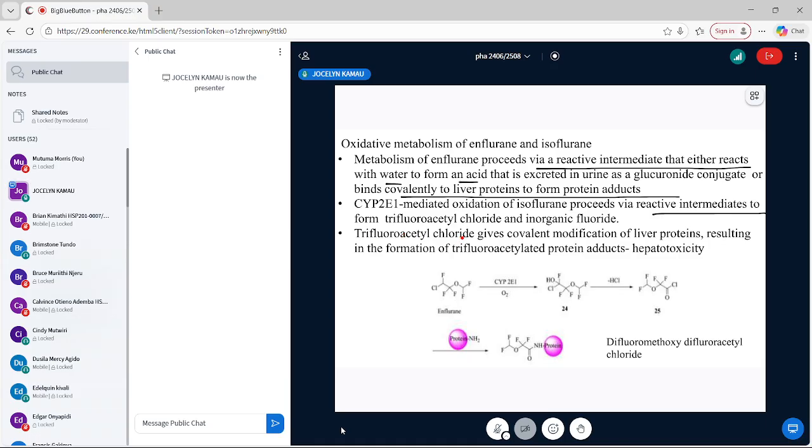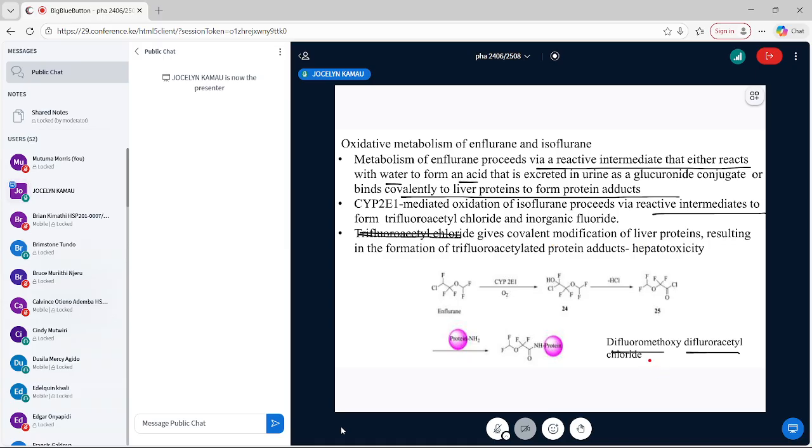Let us correct it, it should be difluoromethoxy difluoroacetyl chloride. So please correct that. This is the one for halothane, but for enflurane or isoflurane, now it will just be the positioning of the groups. It will give us the difluoromethoxy difluoroacetyl chloride, not the trifluoroacetyl chloride that is formed with halothane, which gives covalent modification.